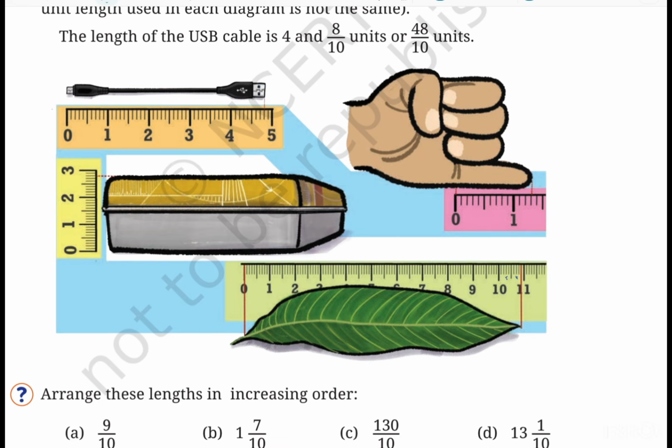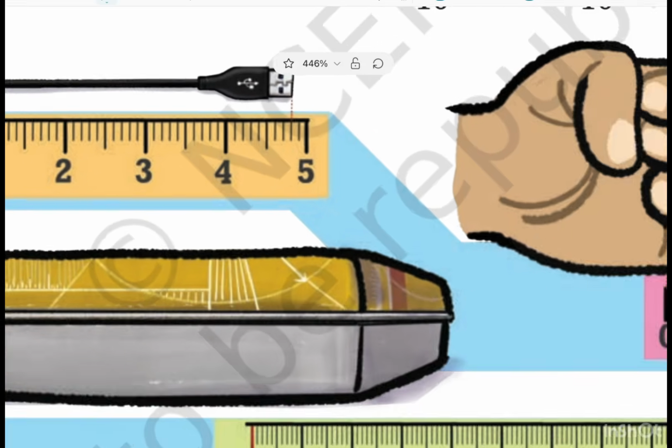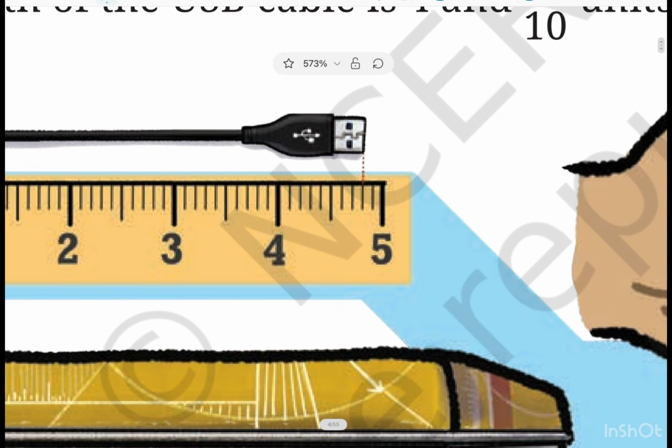We can find the length of the USB cable. The length is 4 units and 5 plus 3, that is 8 1/10 are there.